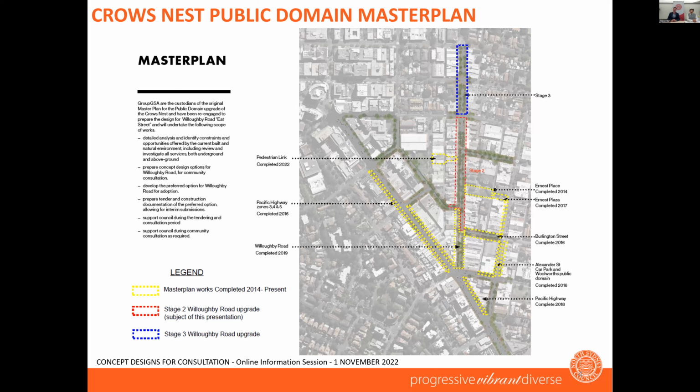Then the final stage, which we're not sure when that will be undertaken, is stage 3, which takes us all the way down to Atchison Street from Albany Street. So that's just a rough overview of the master plan, but also the stages, or our proposed staging plan, for this work.